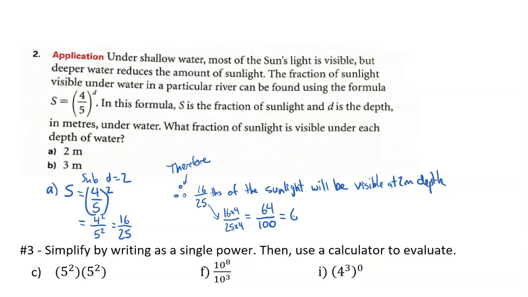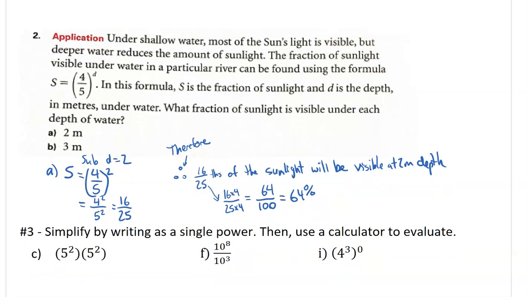So you should recognize that means 64% of the sunlight is going to be visible 2 meters below the surface of the water. And as you go down, the next part is 3 meters, you should get an even smaller amount. Same process for part B, which is 3 meters, and you should arrive at a number smaller than 16/25.